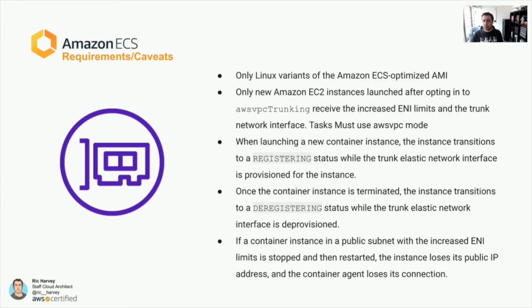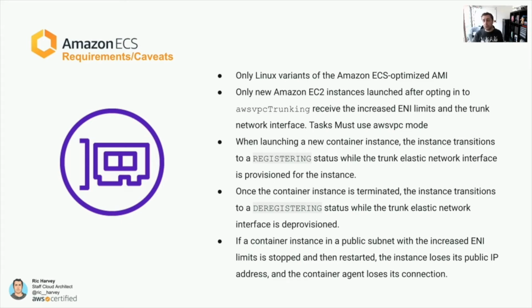There's a few caveats to running this. You can only run the Linux variants of the Amazon ECS optimized AMI. The Windows ones don't work at the moment, as far as I'm aware. You've got to make sure that if you want to take advantage of the trunking, once you've enabled it on your account, only instances started after that will benefit from having those extra network interfaces.